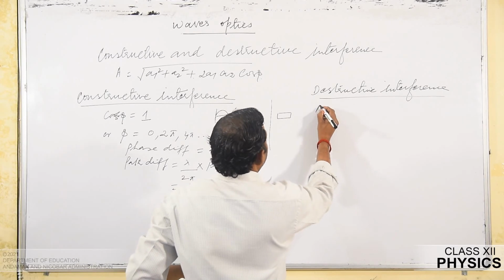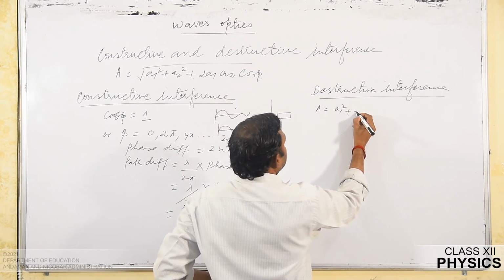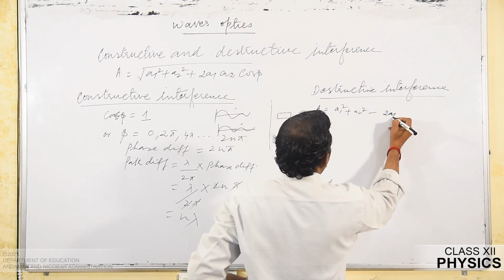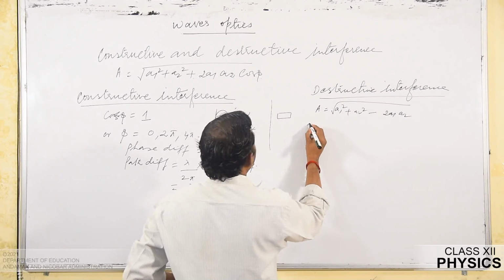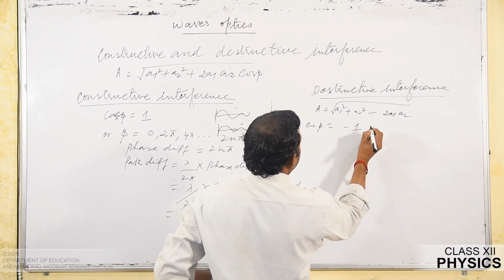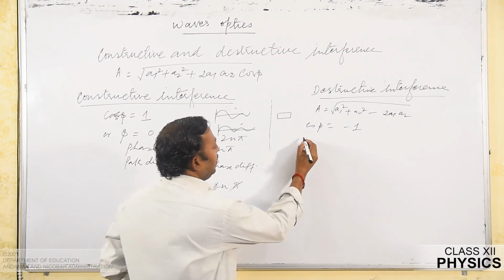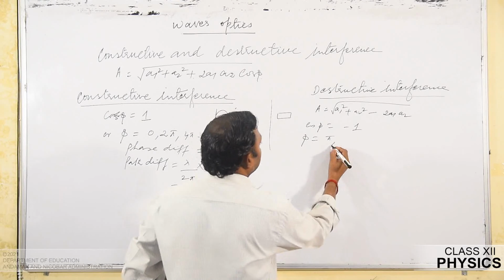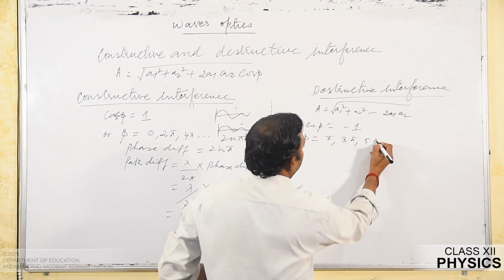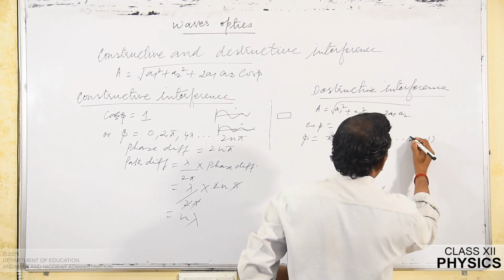So the amplitude here will be equal to the square root of a1 square plus a2 square minus 2a1a2, or in other words you can say cos phi is equal to minus 1. So for the case cos phi equal to minus 1, phi will be equal to pi, 3 pi, 5 pi, dot dot dot, (2n minus 1) pi.